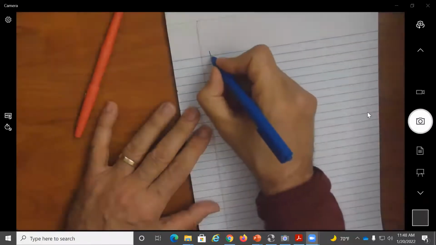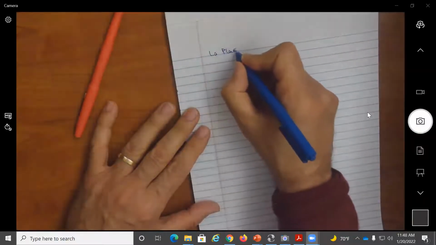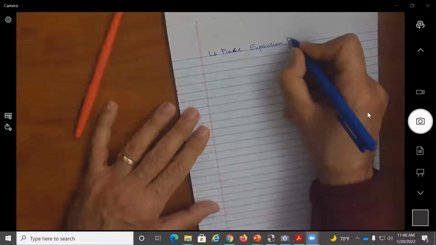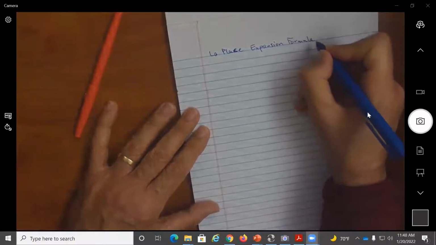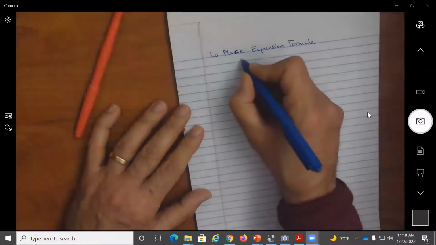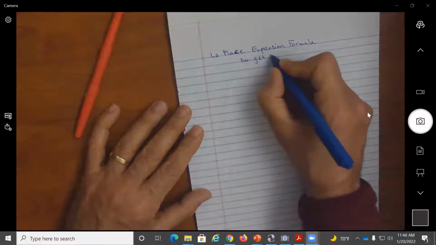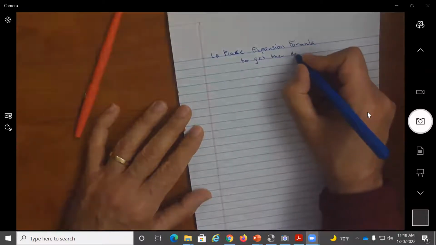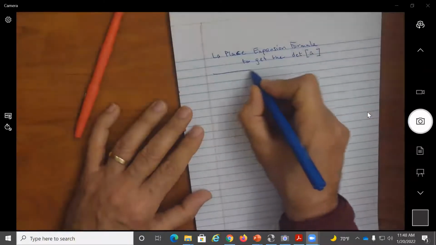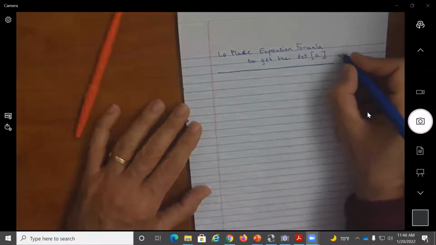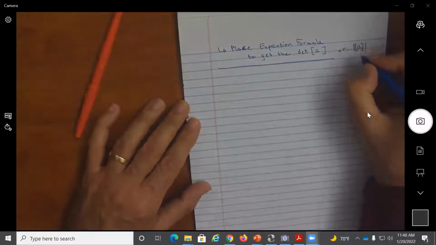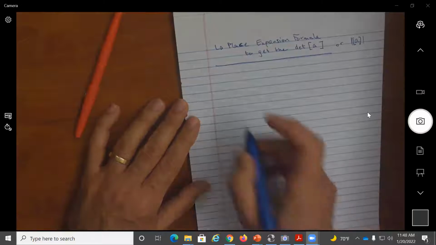I mentioned the Laplace expansion formula to get the determinant of a matrix, or simply finding the determinant of A. How does this work?